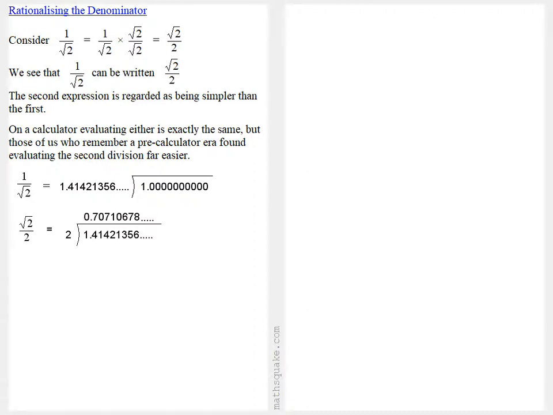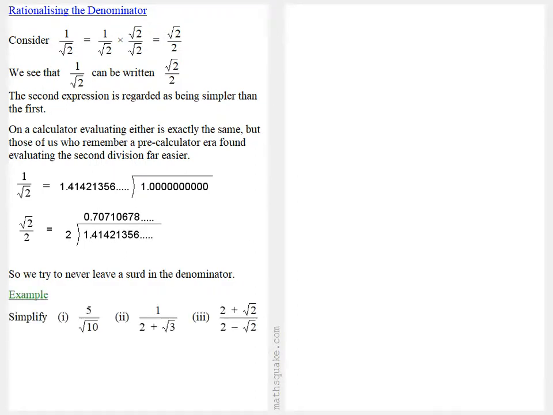On the other hand, the square root of 2 over 2 can be written as 1.4142136 divided by 2, which is a very simple short division sum. So we try to never leave a surd in the denominator.